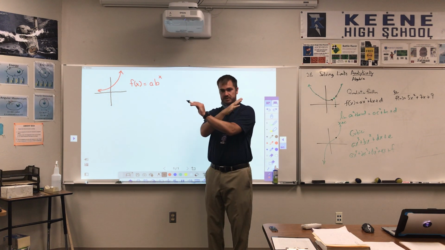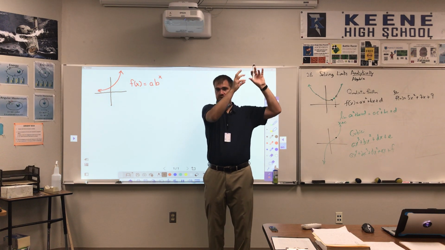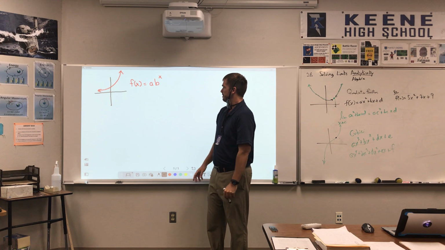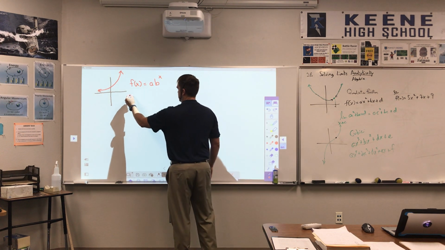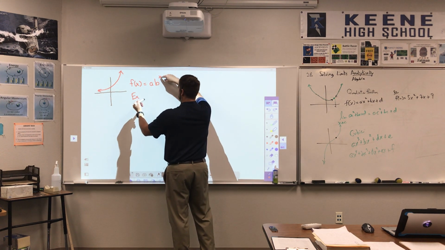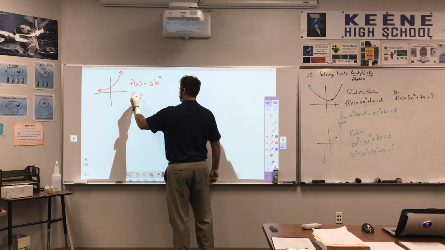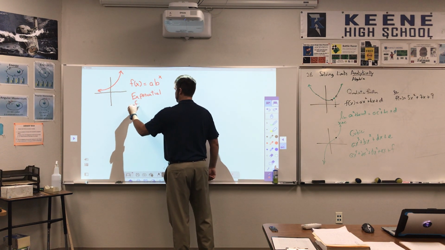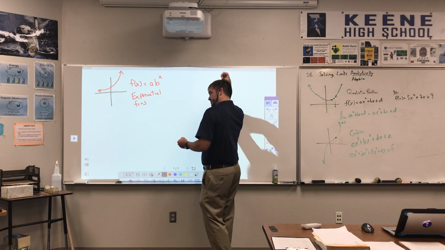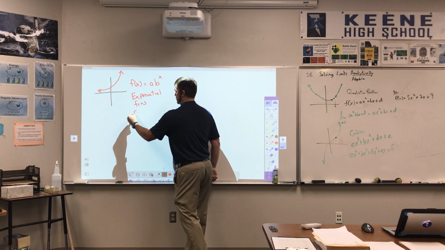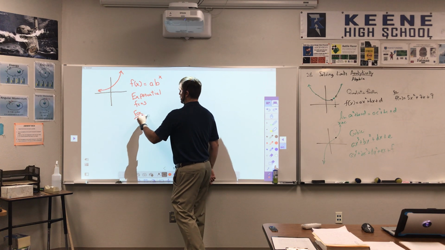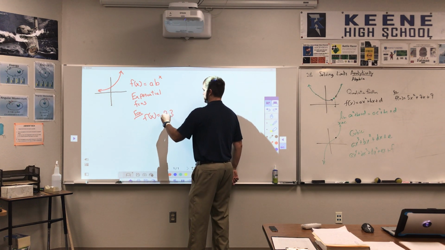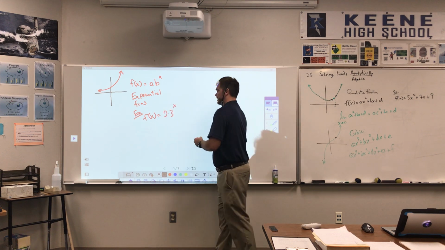Notice before, x was the base, and you had numbers like 2, squared, third, fourth. So, this is now the x is the exponent. An example here would be something like f of x equals 2 times 3 to the x.